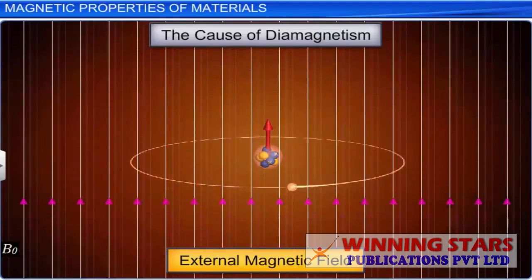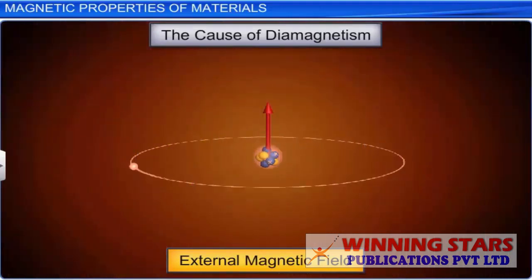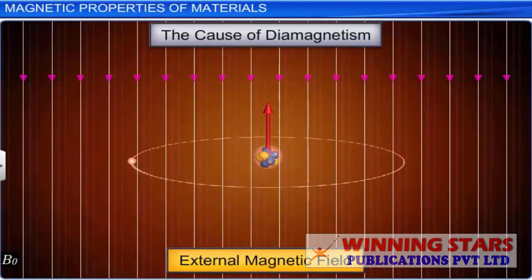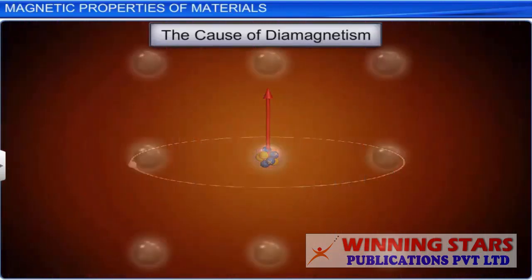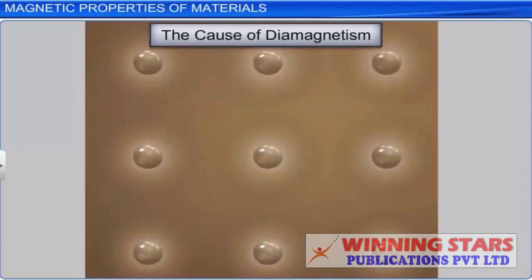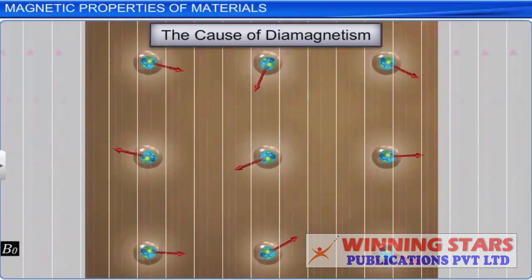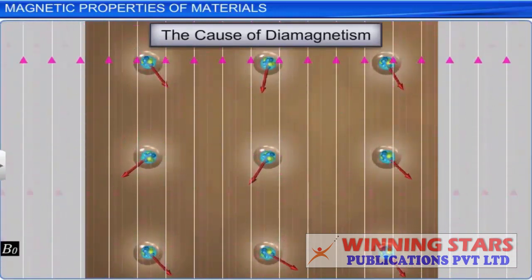Likewise, the movement of the electrons for which the orbital magnetic moment is in the opposite direction to that of the external magnetic field is sped up, and the orbital magnetic moment of the electron increases. The material then develops a resultant magnetic field in the direction opposite to that of the external magnetic field. Hence, the diamagnetic materials are repelled by the external magnetic field.